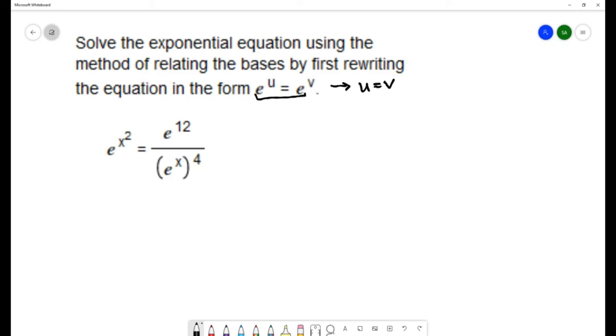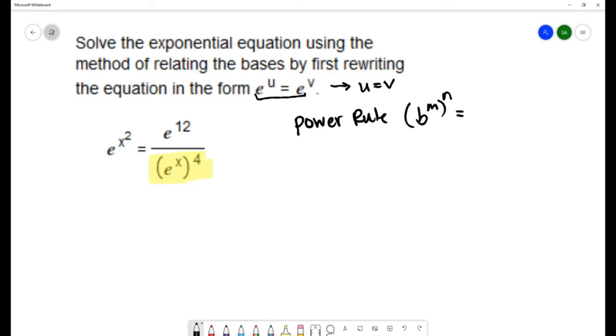So the first one I'm going to focus on is in the denominator here. There's an exponential property called the power rule. And the power rule for exponents deals with this situation. When you have a base to a power, and then that whole expression is raised to another power. You can see that's the exact scenario we have.